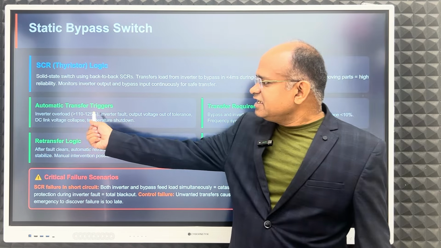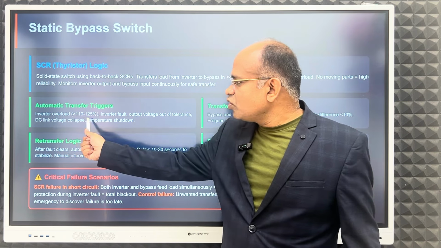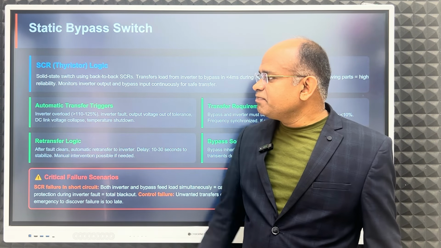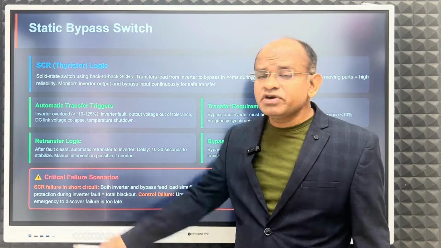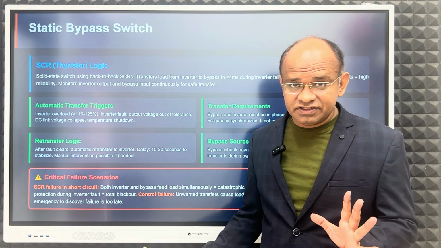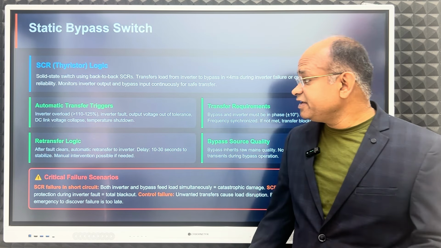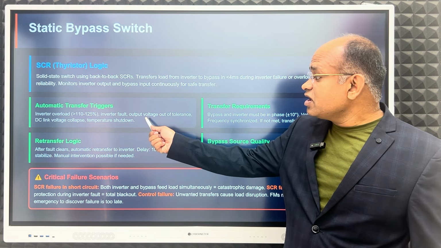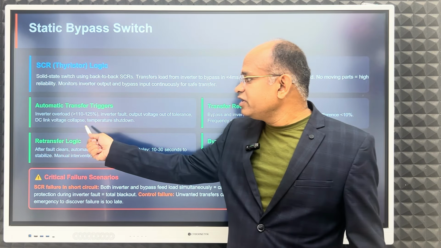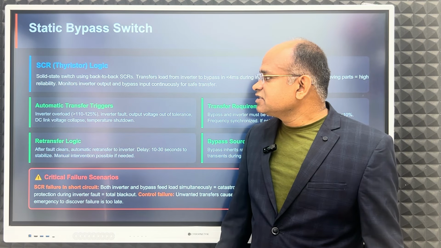Now the automatic transfer triggers: inverter overload beyond 110 to 125%. Overload should not happen. Then inverter fault, output voltage out of tolerance, DC link voltage collapse, and temperature shutdown.